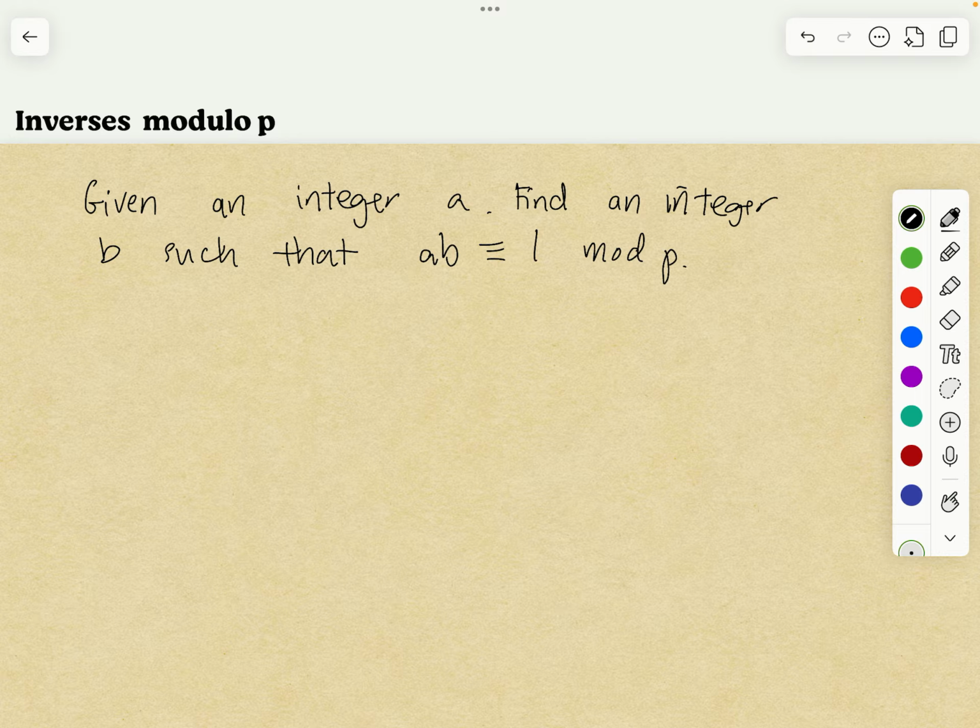What that means is that if you calculate ab and subtract 1, it's a multiple of p. Okay, that's what we're trying to do.